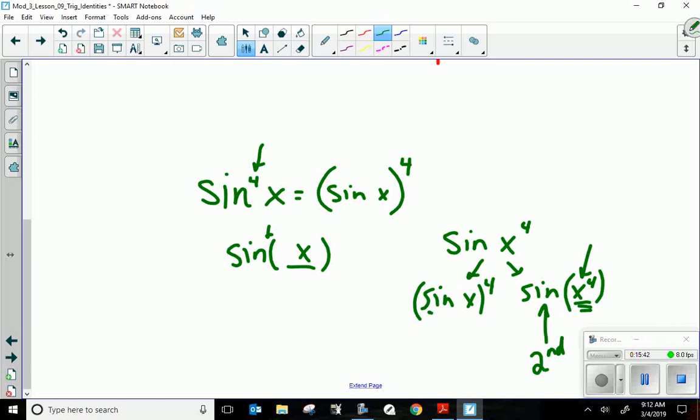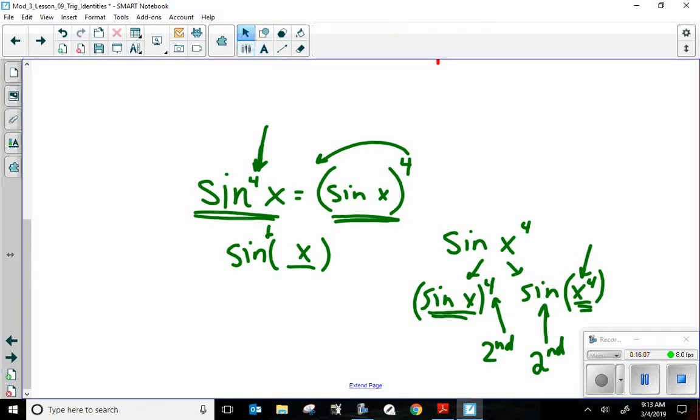Or do I take the sine of x first, then do my 4th power second? Okay, how do you figure that out? You put the number right here. When my students get to calculus, whenever they see this, I tell them right away to change it like this, because we have to do things with the exponent, like bring it down. And I want them to make sure they know that that's an exponent for the whole thing.